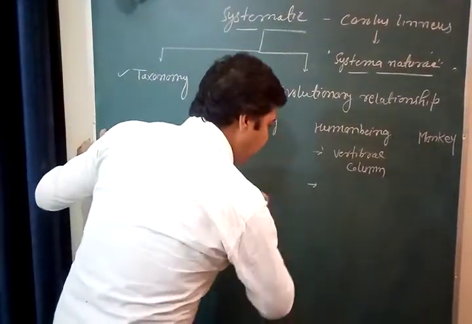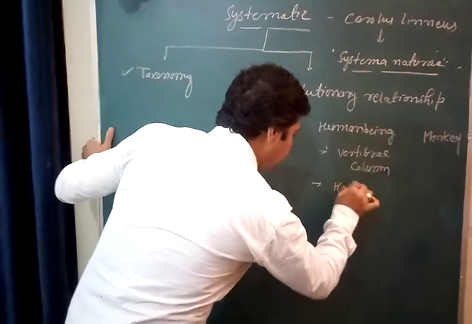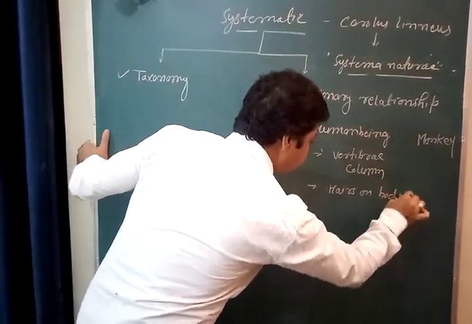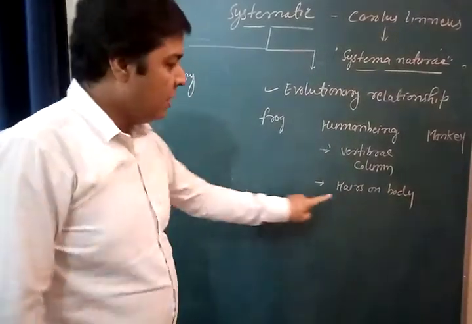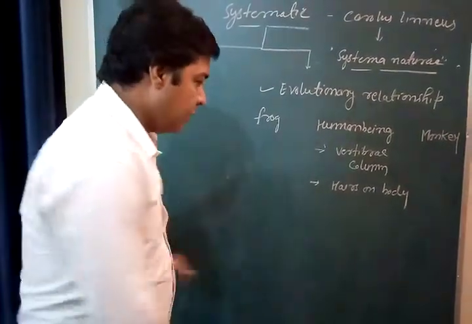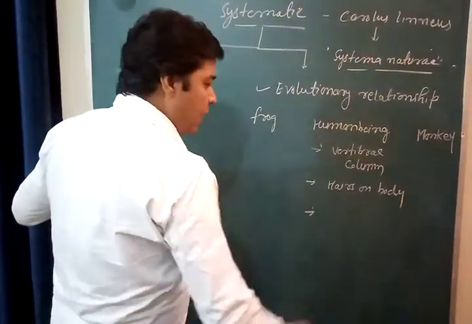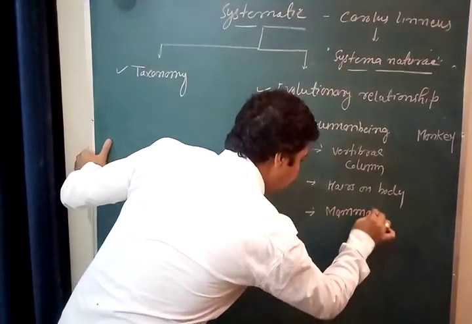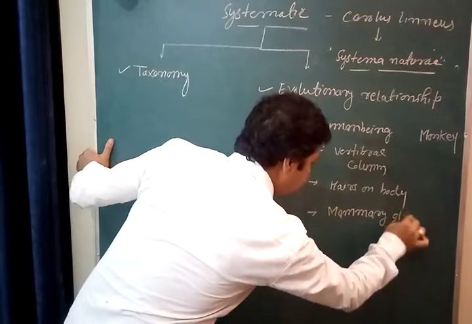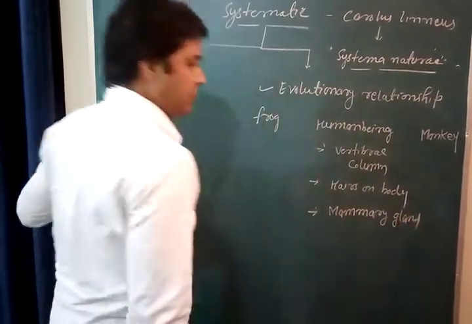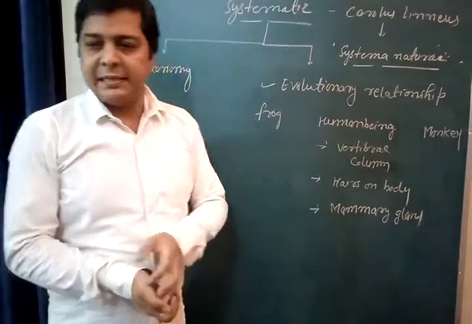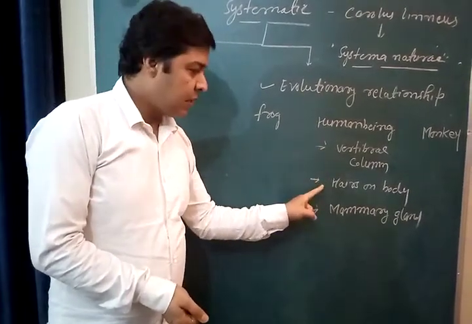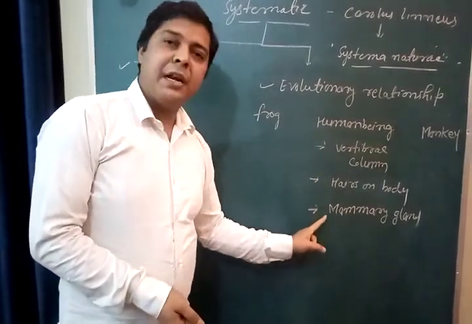Second, the human body has hairs on the body. Third, they have mammary glands. So only three characteristics I am taking: vertebral column, hairs on the body and mammary gland.